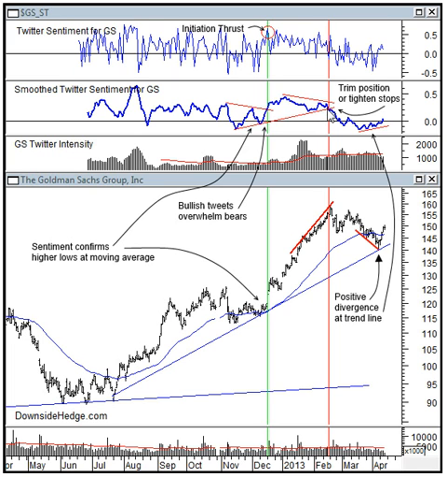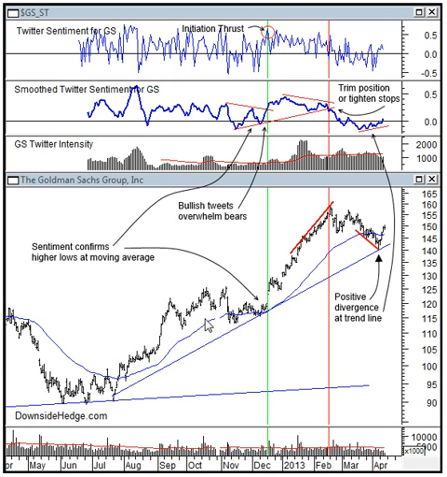When the sentiment indicator starts to diverge from an upward movement in price, it signals profit taking and overhead resistance for the stock. Using the two principles of confirming sentiment and diverging sentiment as a guide, let's look at a chart of Goldman Sachs as an example of how to put them into practice.